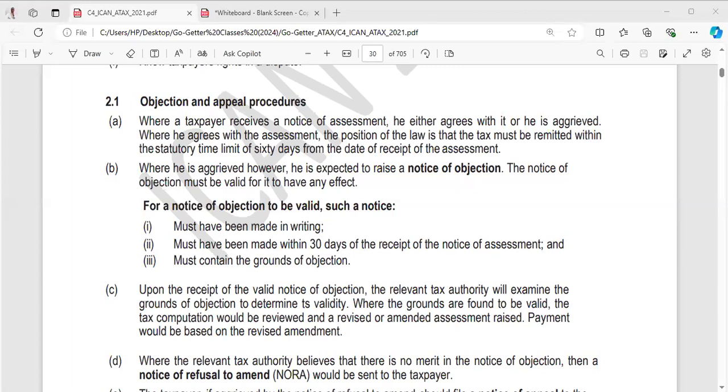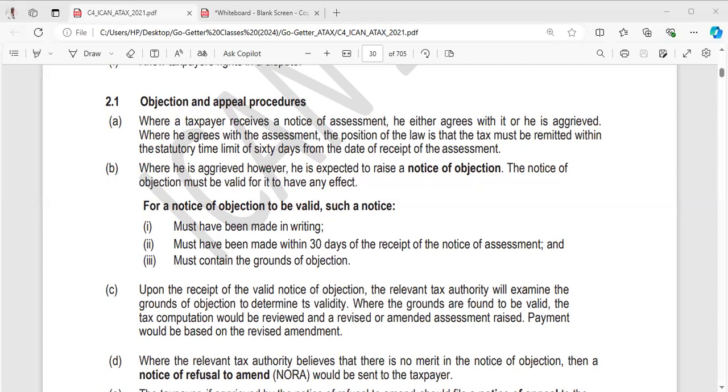So let's assume that on the 1st of September 2024, you receive an assessment from the FIRS, and let's say they say your tax is 1 million naira, and you are agreeing with it, you are happy with it. You count 60 days from the 1st of September. So by October 31st, you should have paid that tax. That is the position of the law, 60 days from the date of receipt of the assessment.